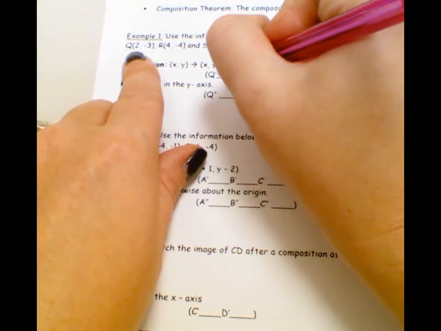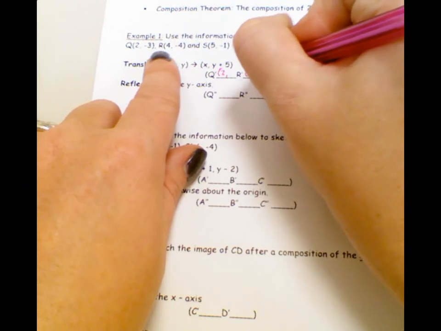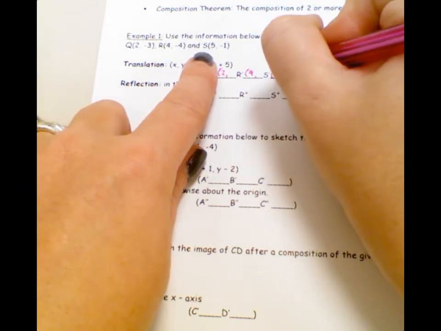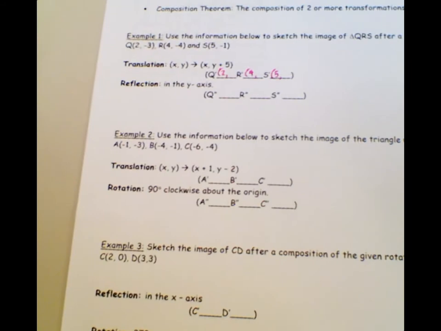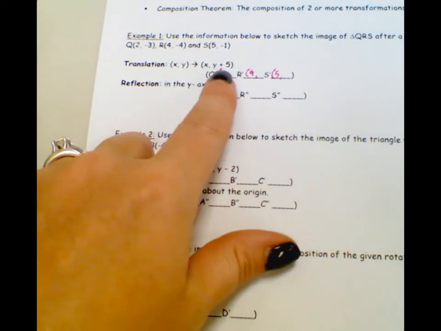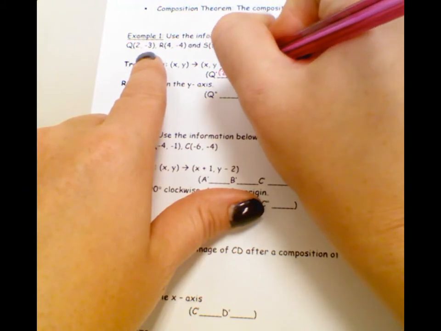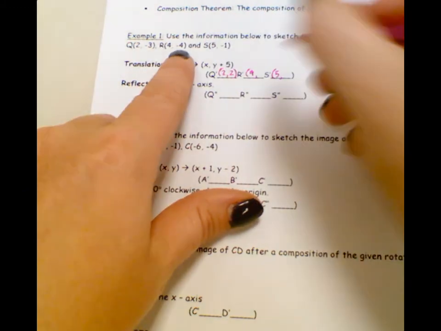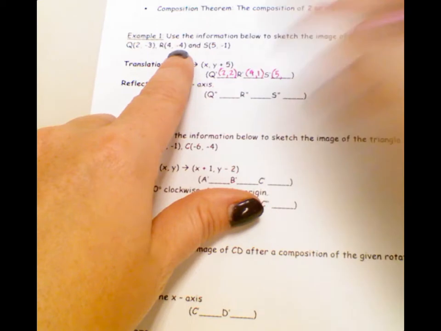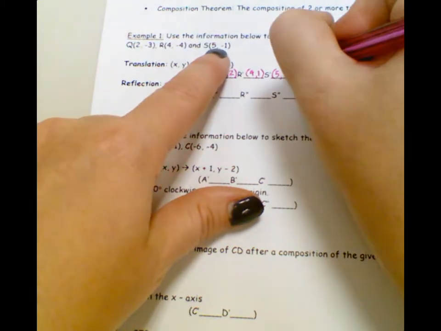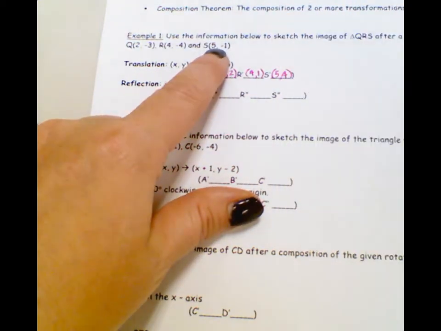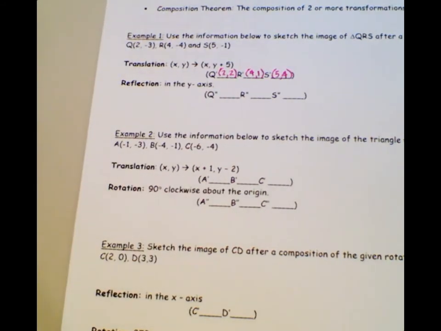So Q's X is 2, R's X is 4, and S's X is 5, because I'm not doing anything with those. But for the Y's, I'm going to add 5 to all of them. So -3 plus 5, 2. -4 plus 5, 1. And -1 plus 5 is 4. Okay? So those are my new ordered pairs.